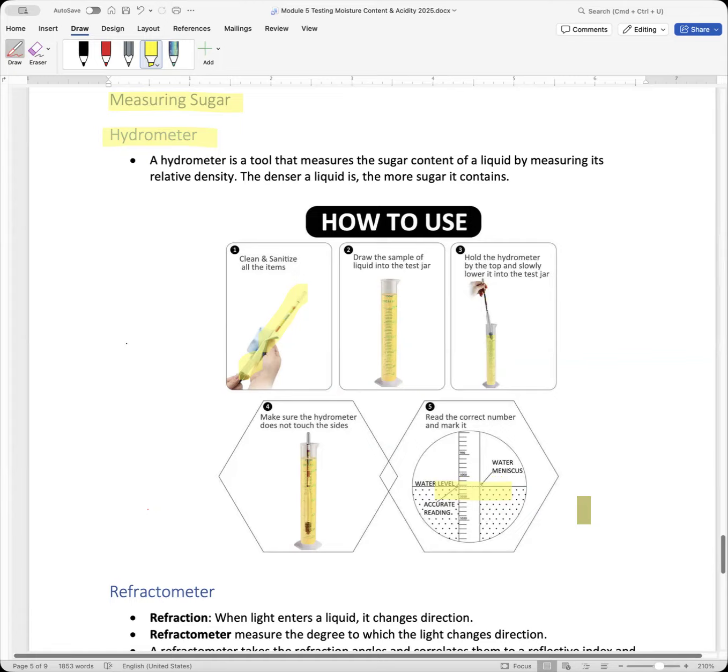Depending on which one you're using, you have to be sure to use the right hydrometer. It's dependent on the concentration of the solution and how much sugar is present. But essentially what it's doing is measuring how dense the solution is, right?